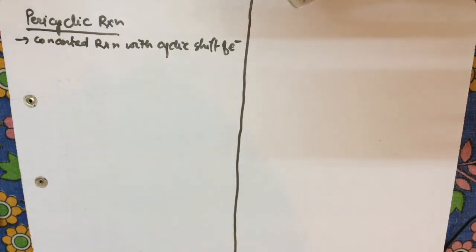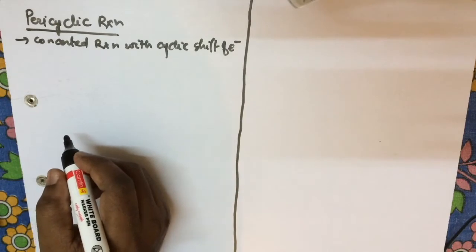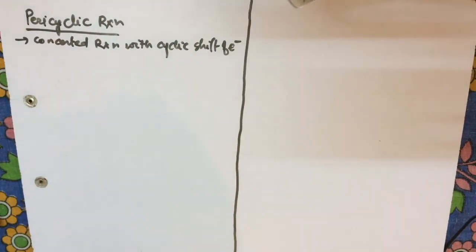In this reaction, the reactant bonds are broken and the product bonds are formed parallelly, and at the same time a transition state forms. So here it does not form an intermediate but forms a transition state.